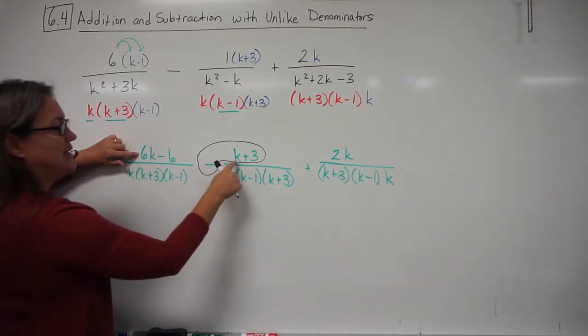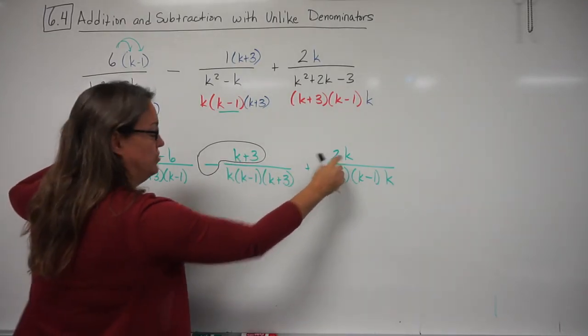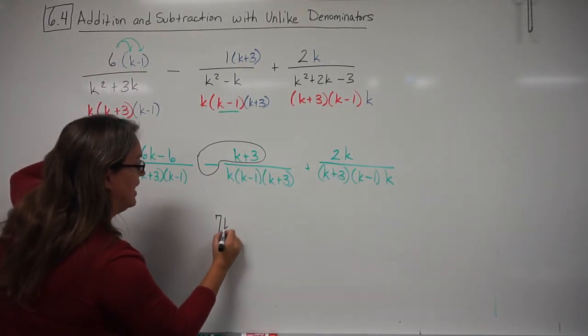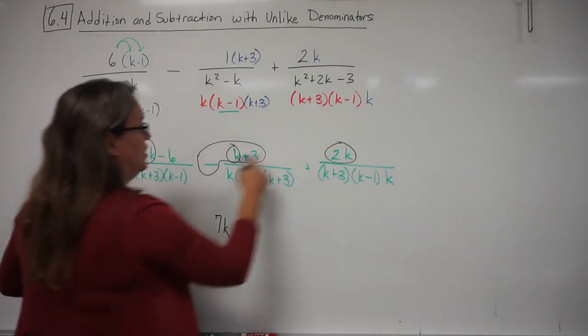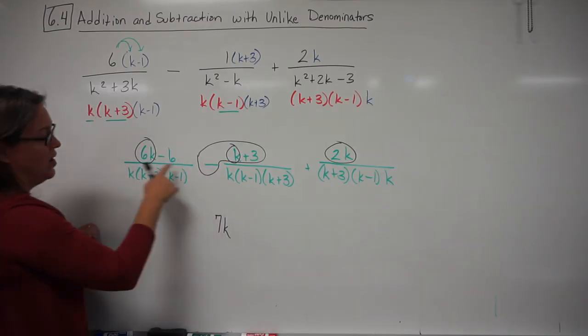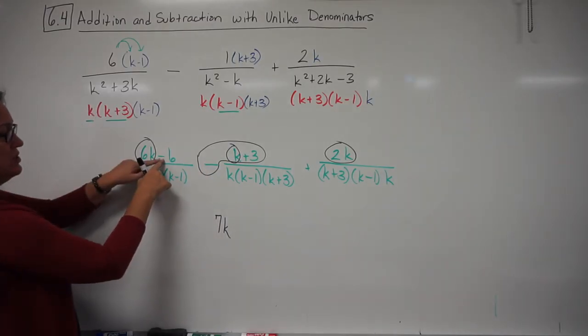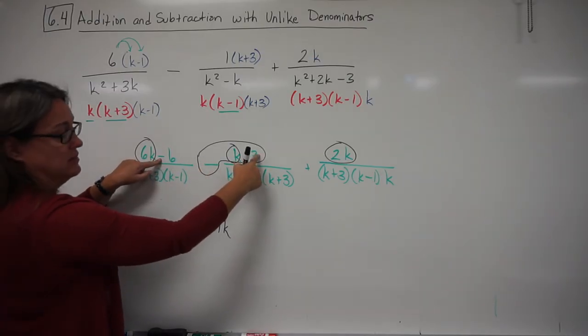6k minus k is 5k, plus 2k is 7k. I just gathered up all of the like terms, remembering that this one was being subtracted. Now I'm going to move on to the integers. I have minus 6, and I'm subtracting 3 from it.